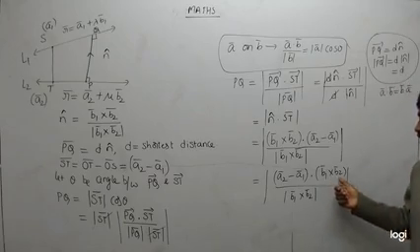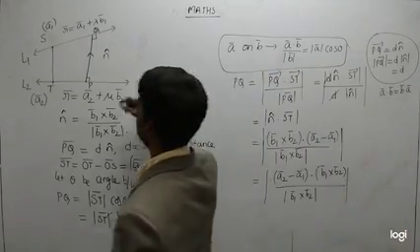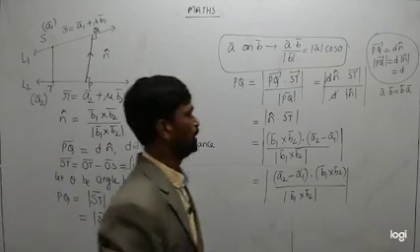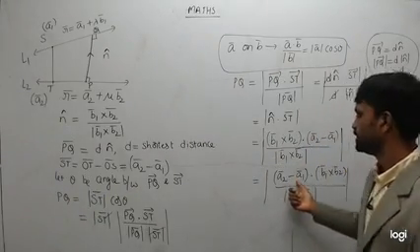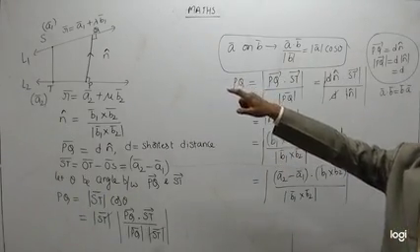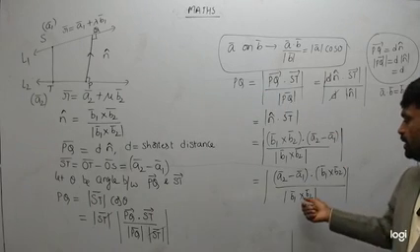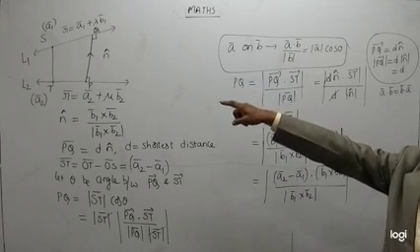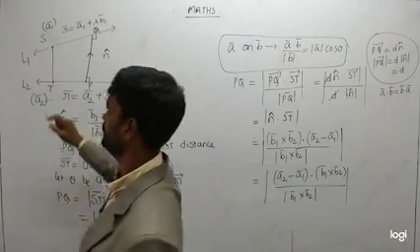Here B1 bar and B2 bar represent the vectors parallel to the given two skew lines L1 and L2. A1 bar is the position vector of the fixed point on L1. A2 bar denotes the position vector of the fixed point on the line L2.